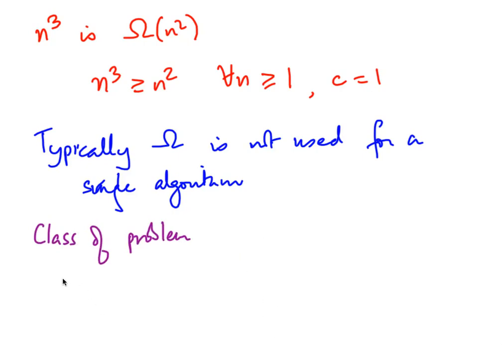So for example, we will say that sorting is omega of n log n. So what this means is that we cannot do better than find an algorithm which works in n log n time, where of course the fundamental assumption is that we are doing it in terms of comparisons. Of course, if you use different operations, this doesn't work. So you have to specify what type of operations you're measuring. But we say that sorting as a problem is omega of n log n.